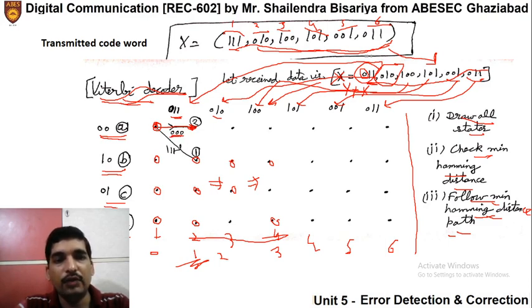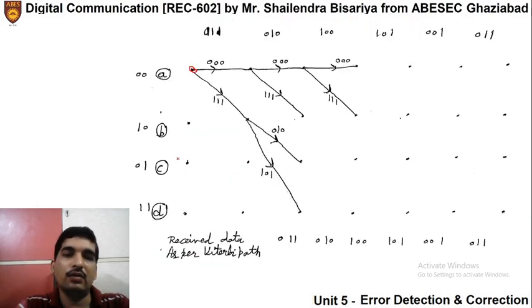If the input is 1 it will move from state A to state B, and the corresponding output we have written here is 111.